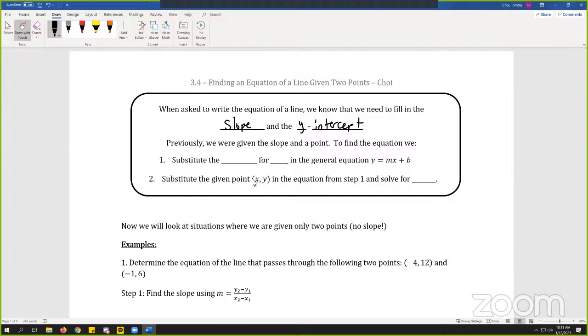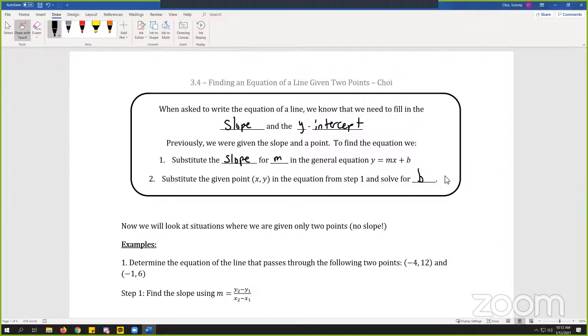Previously, we were given a slope and a point. To find the equation, we substitute the slope for m in the general equation y equals mx plus b, and substitute the given point xy in the equation from step 1 and solve for b. Right?